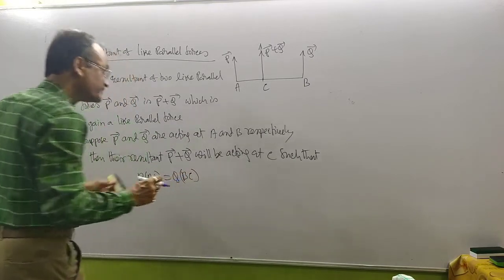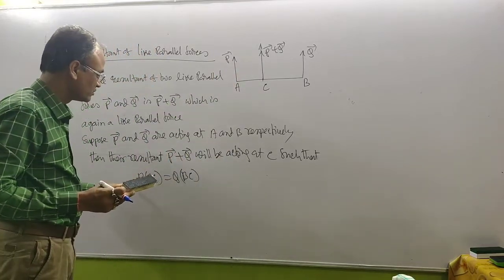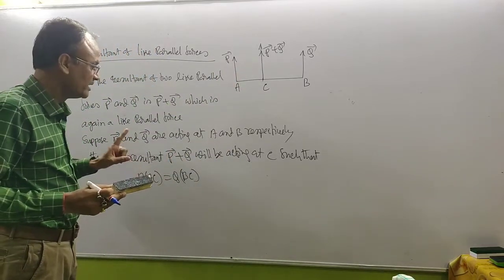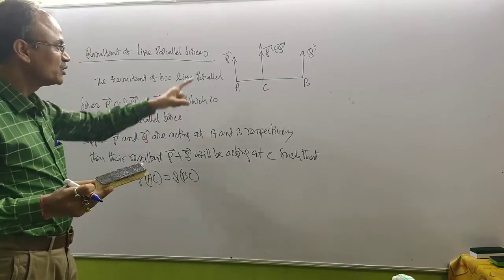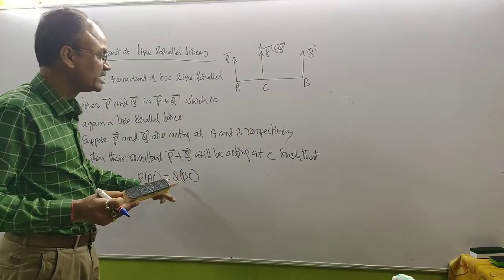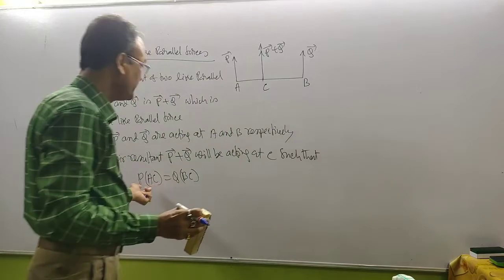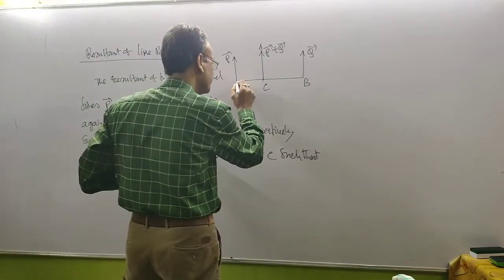You should remember this one. P without the vector sign gives the magnitude of the force P, and Q without the vector sign gives the magnitude of the force Q.